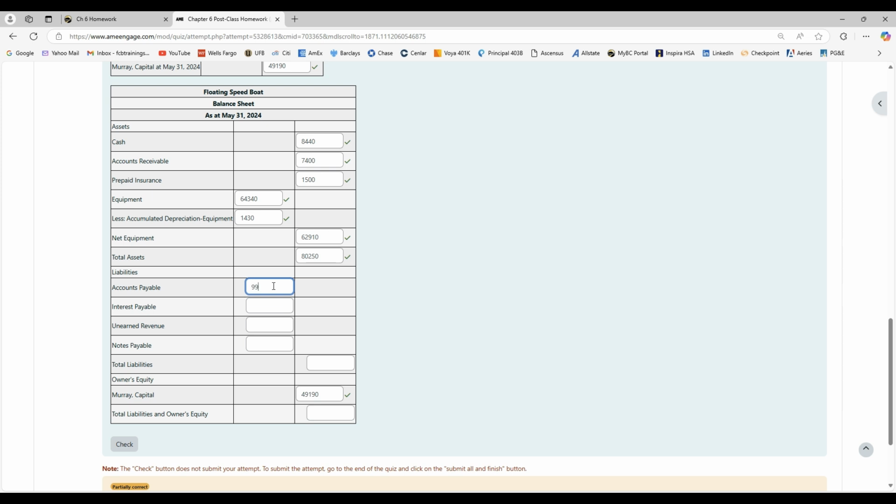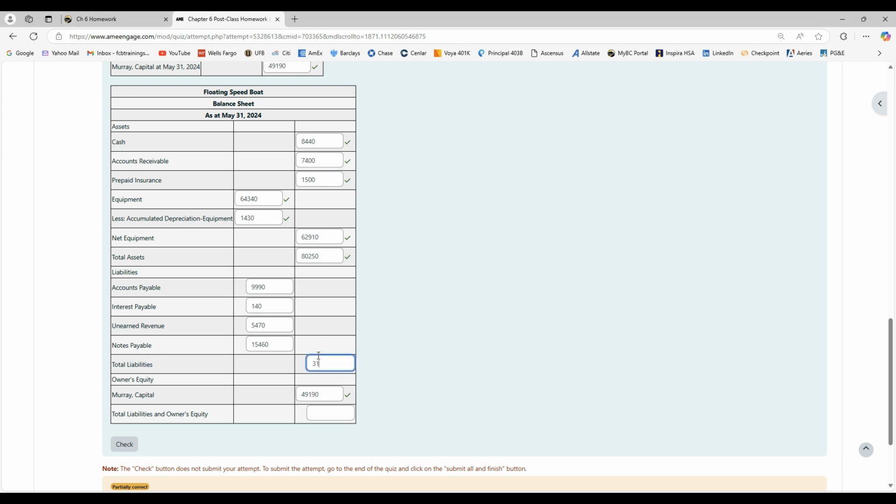Okay, accounts payable, we've got 9,990, interest payable 140, unearned revenue 5470, notes payable 15,460. Let's add all those liability accounts up here. So 9990, 140, 5470, and 15,460.